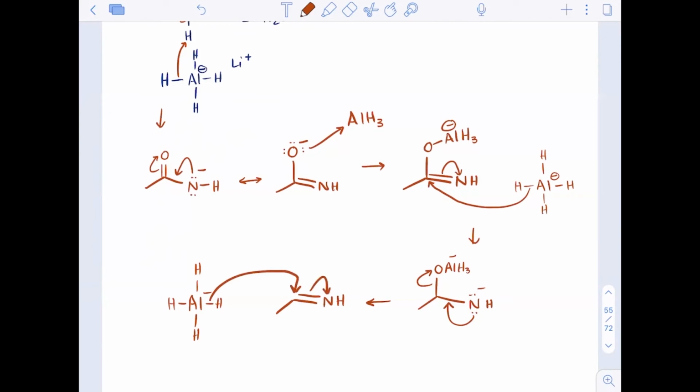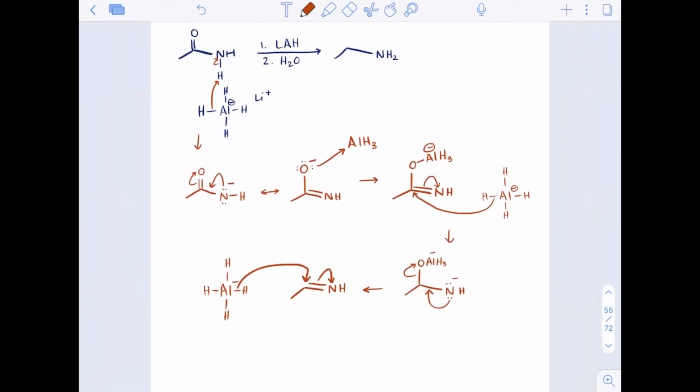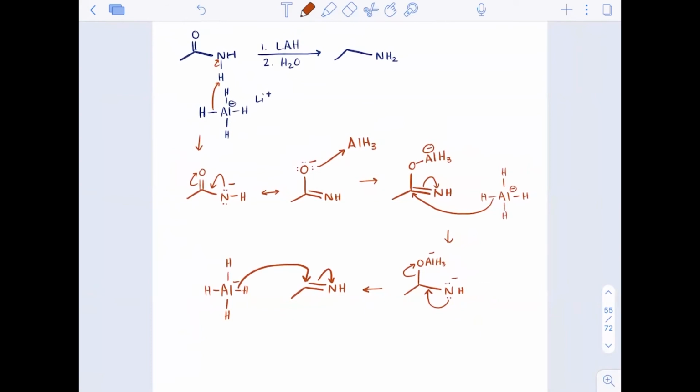First one is to deprotonate the nitrogen. Let's span back just a little bit. The second one and the third one is to add the 2 protons to our carbon. And then finally the water workup to neutralize our amine.